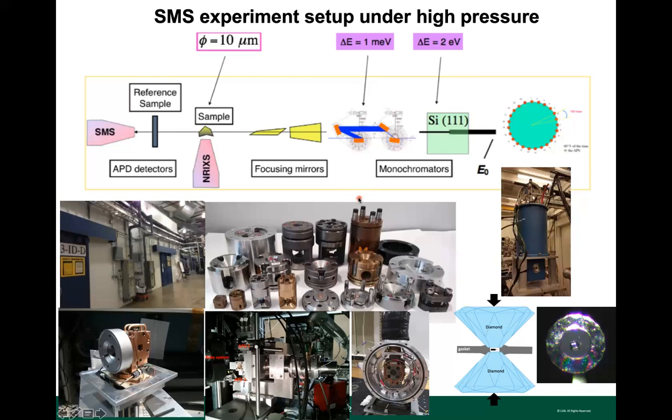Of course, for different types of experiments, we use different designs of diamond cell. For example, these copper beryllium cells can be used for experiments in the superconducting magnet. This is the 7 Tesla magnet we typically use in the D station at sector 3 ID, because of the available space there.